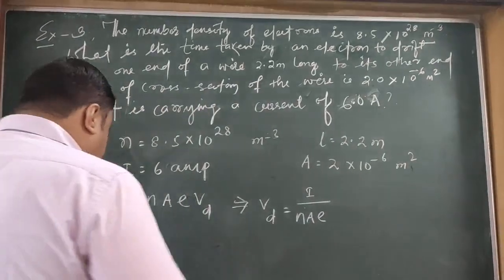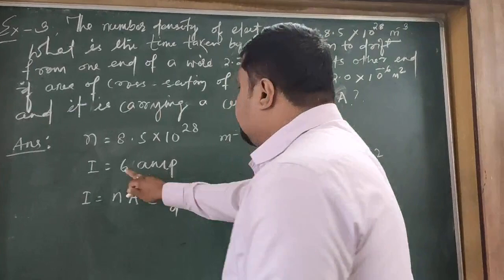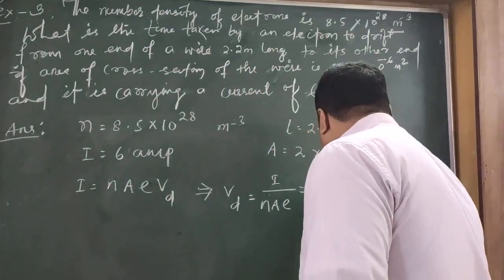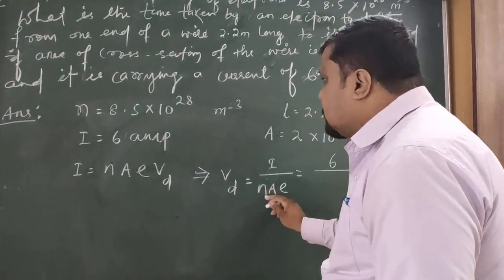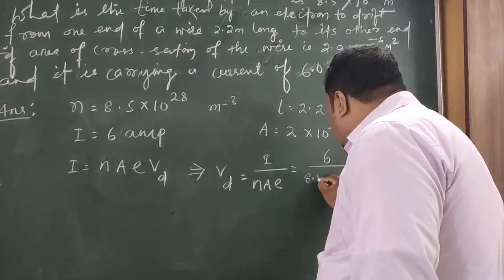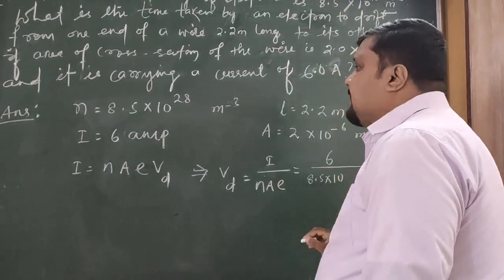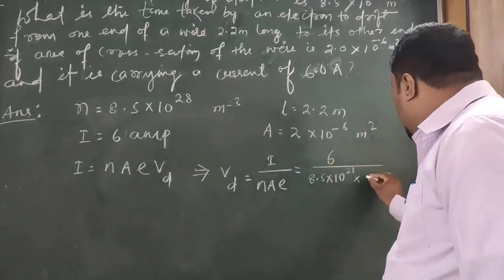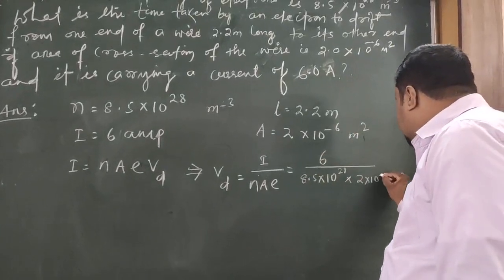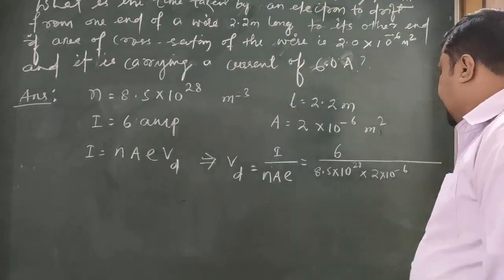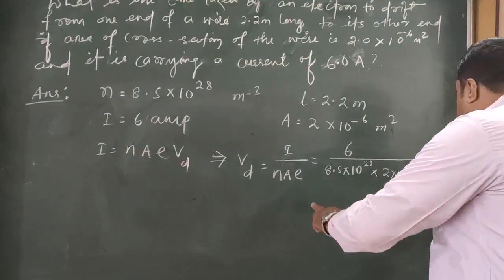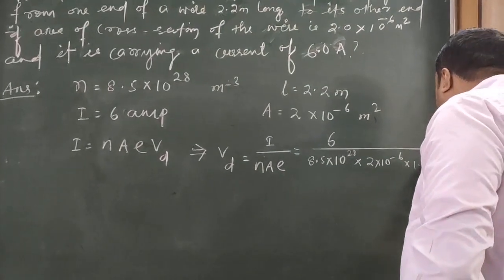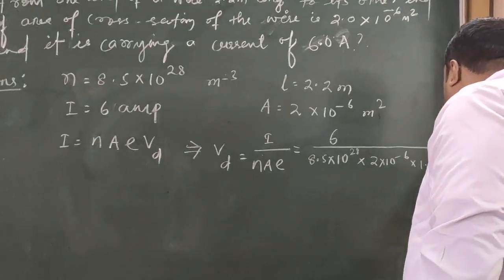So this is equal to 6 ampere divided by n, the concentration, 8.5 × 10^28, area 2 × 10^-6, into the charge of the electron, 1.6 × 10^-19 coulomb.